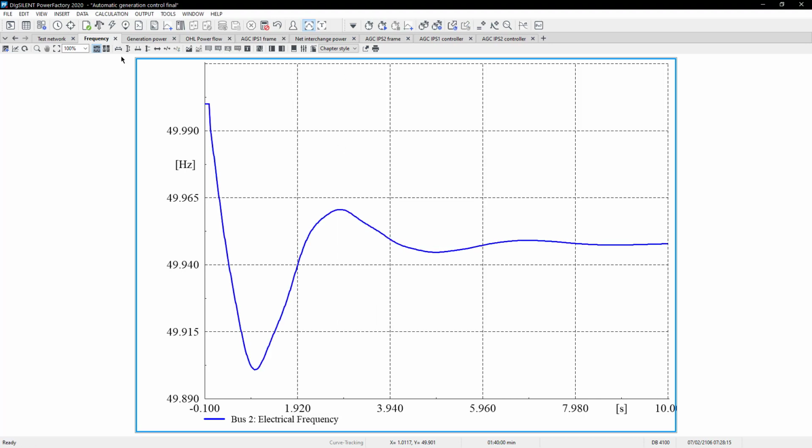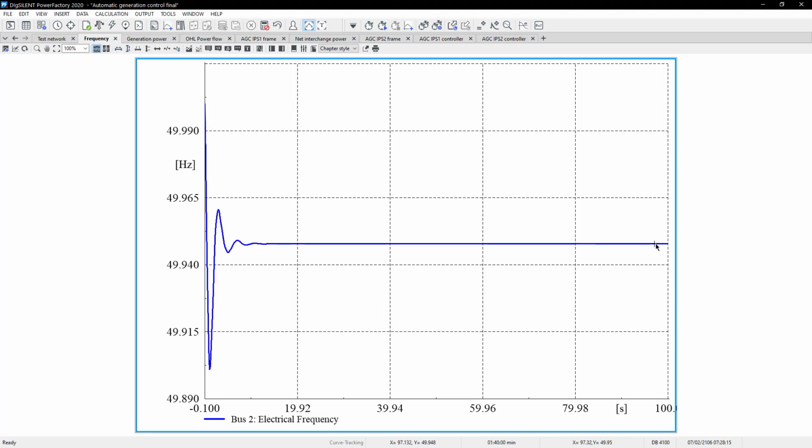Okay, after 100 seconds here, the frequency has reached a steady state, let's say a pseudo steady state, and the frequency here is 49.948. As you can see, the frequency is below 50 hertz.